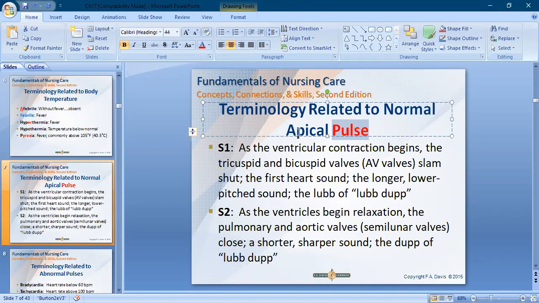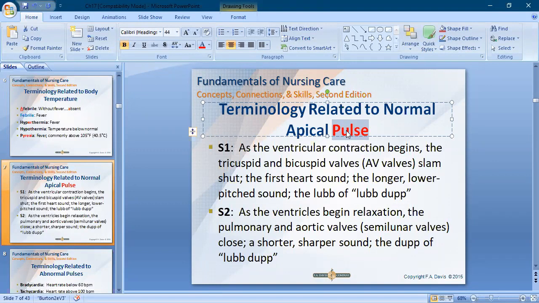It's called the apical pulse. But when we get the pulse in the radial artery at the wrist joint, this is the radial pulse.